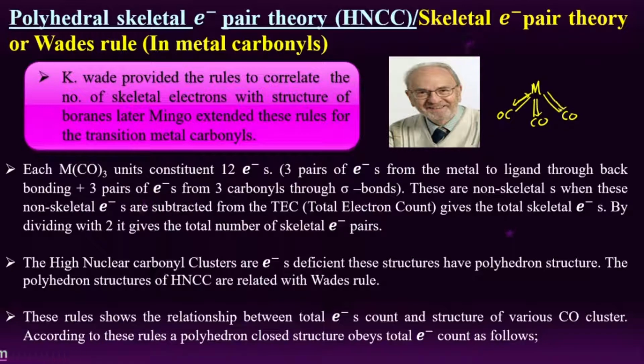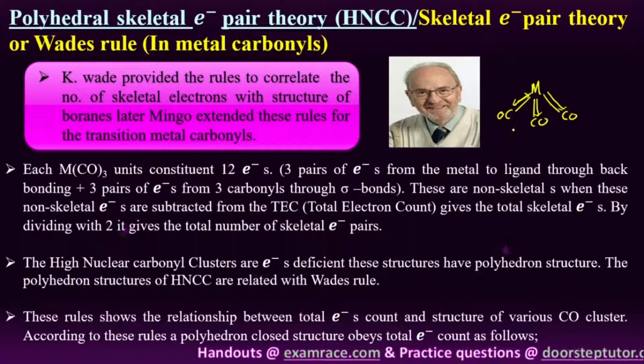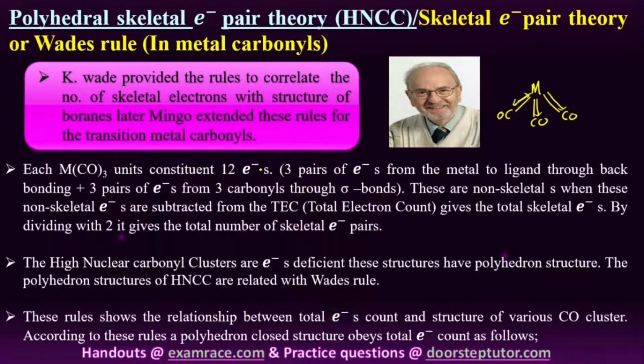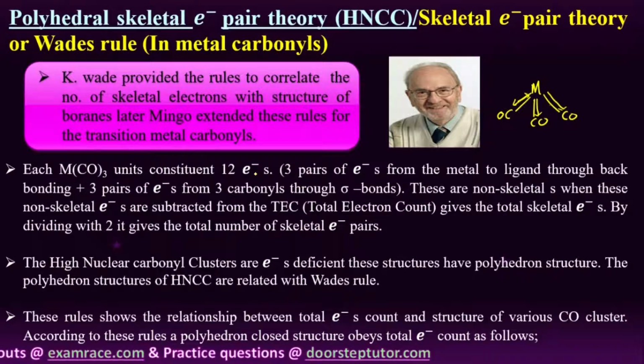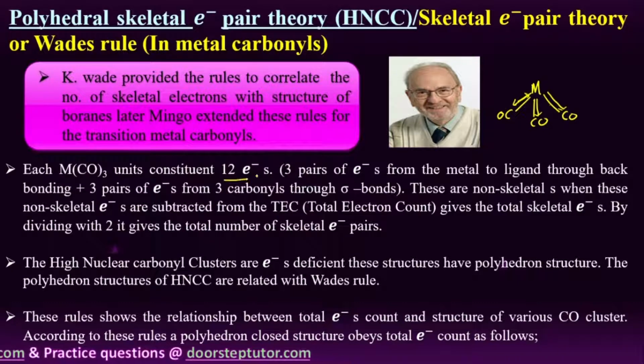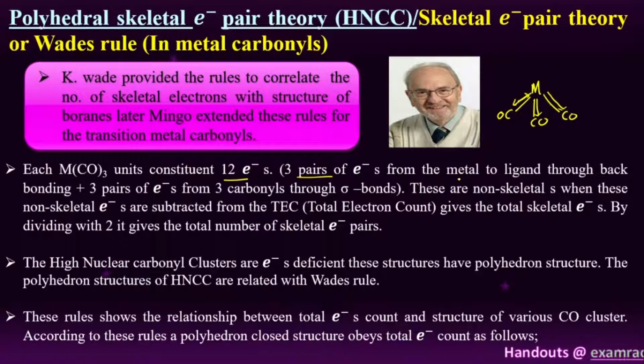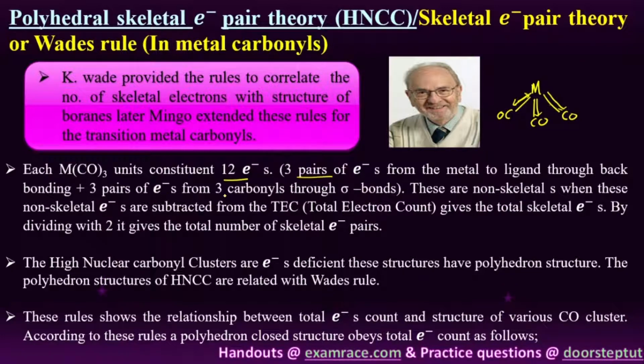Here you can see 2, 2, 2, 2, so all are 4 electrons each, that means 12 electrons. So each M(CO)3 unit constitutes 12 electrons: three pairs of electrons from the metal to the ligand through back bonding, plus three pairs of electrons from the three carbonyls through sigma bonds.